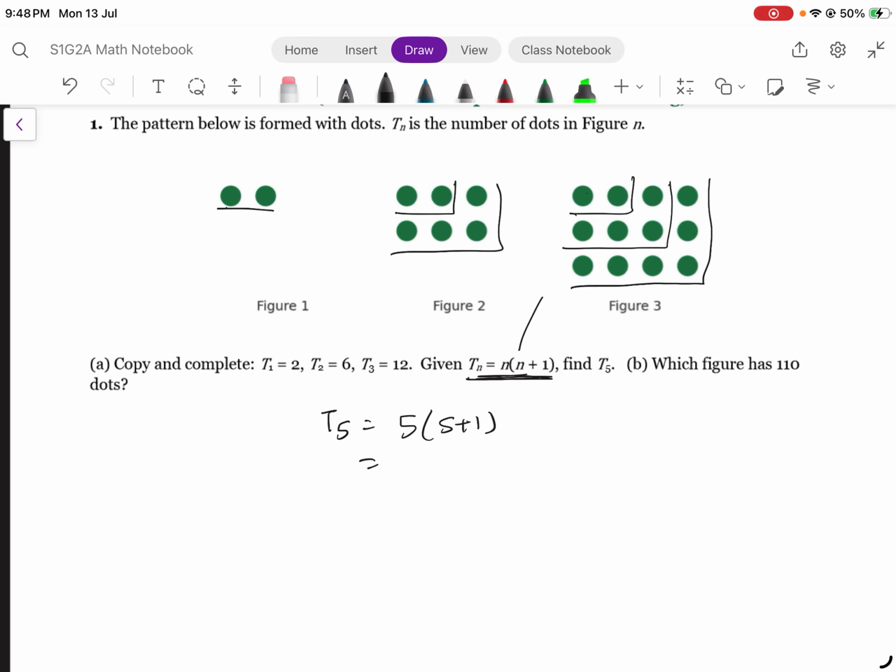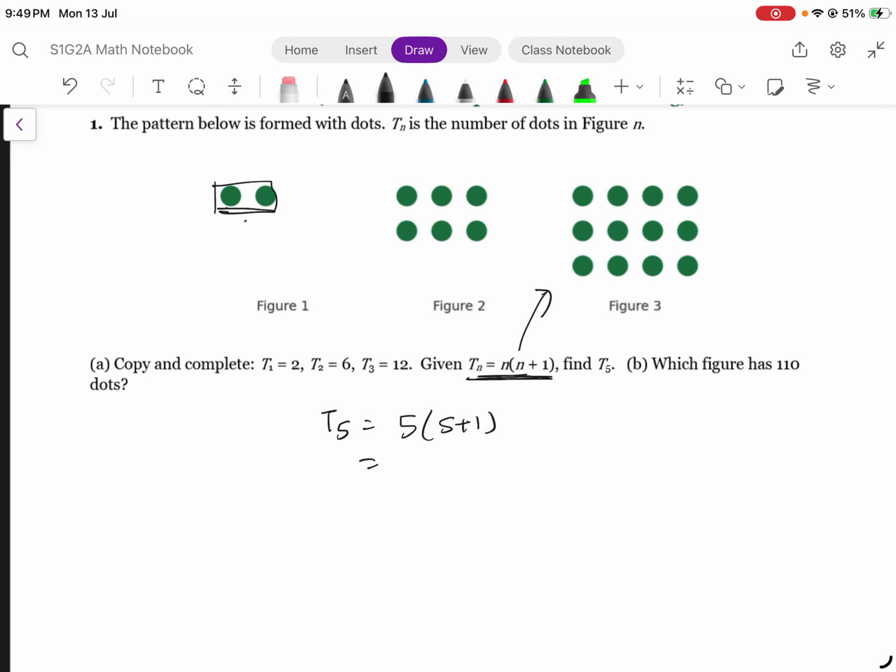If you look at it, for 1 it is 1 times 2, equals 2. Then when you have 2, it is 2 times 3. An easier way to see this is in rows.